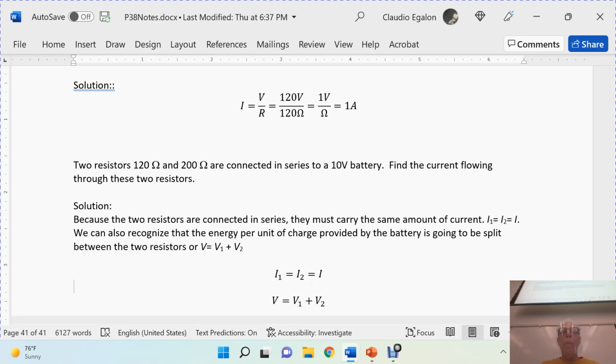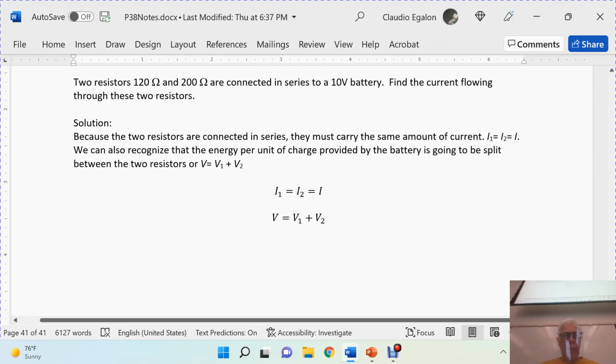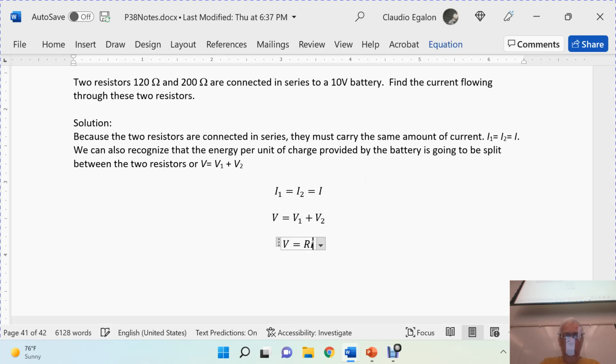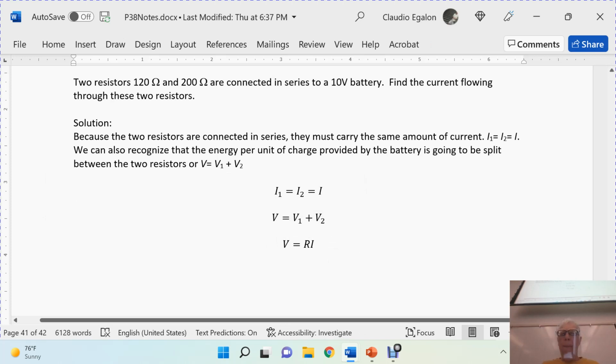That's good only for ohmic materials. Ohm's law, right? V equal to Ri.